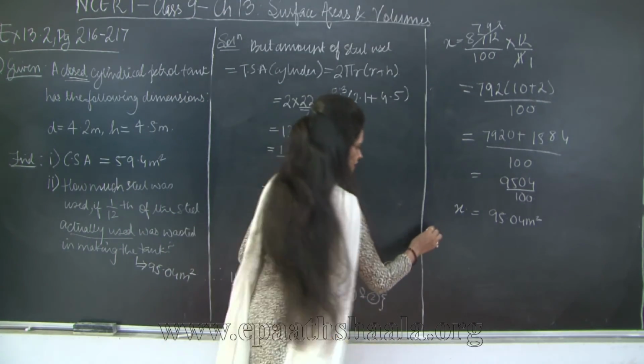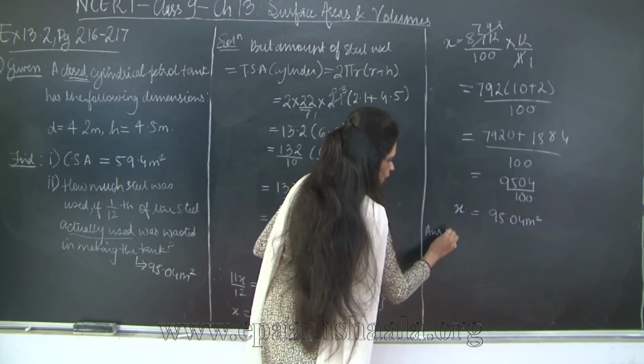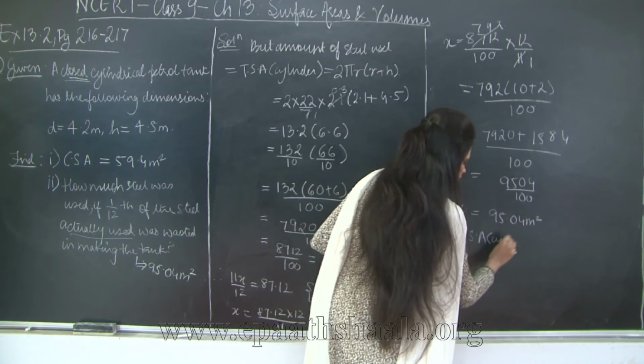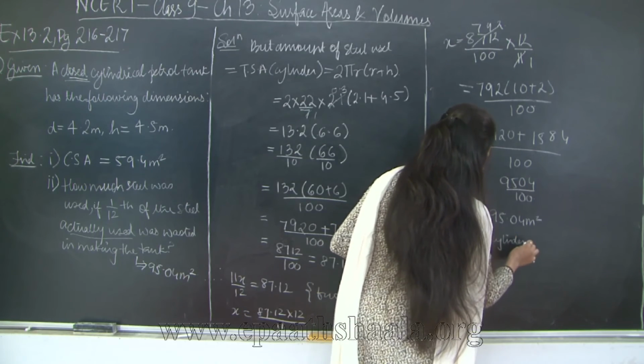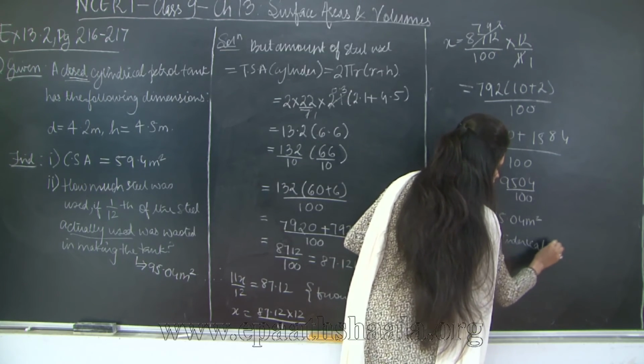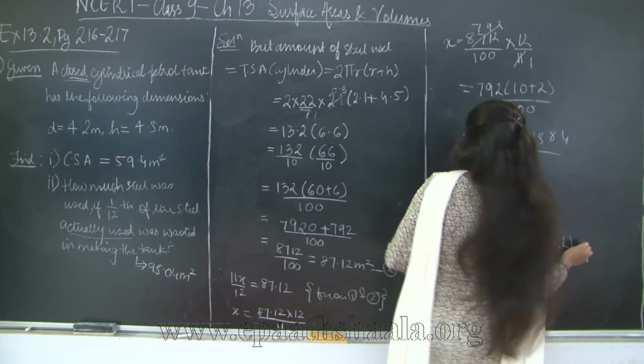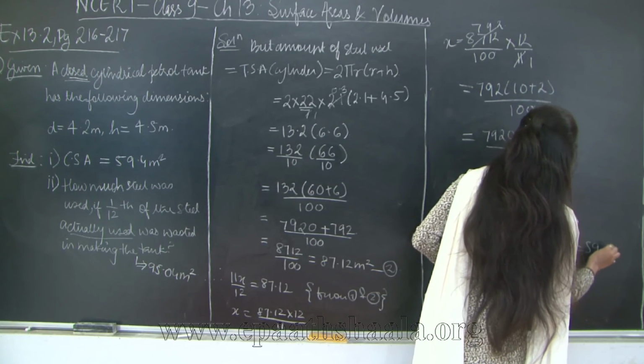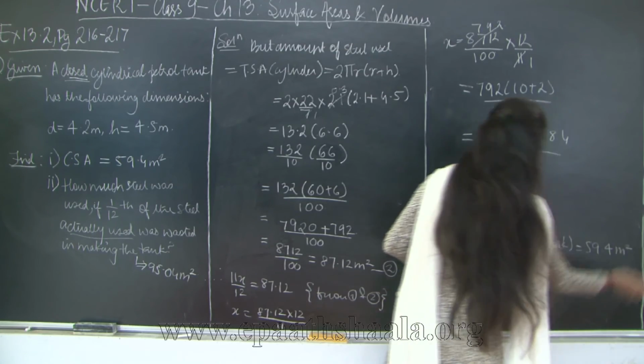Let's rewrite it. Answer 1: the curved surface area of the cylindrical tank is equal to 59.4 meters square.